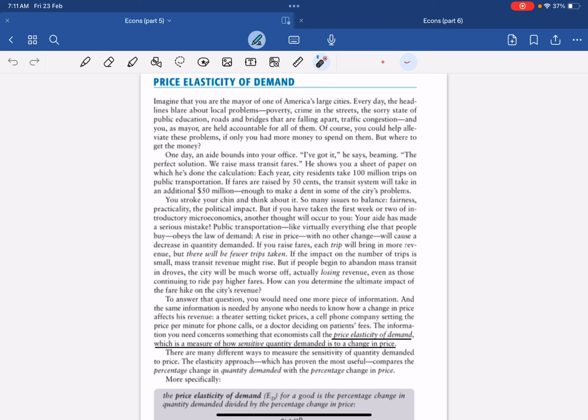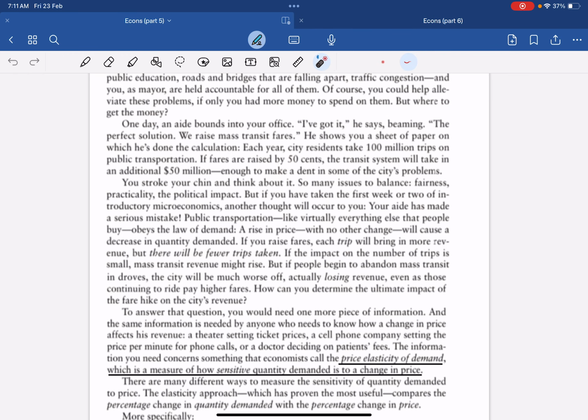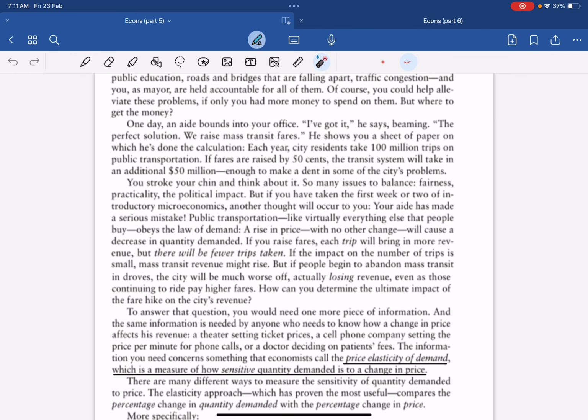So let's imagine you are a contractor and you want to make more money. How do you do so? Well, you can raise the fare by 50 cents, and if you assume that everyone still takes the train, then you earn $50 million. But here's the problem.